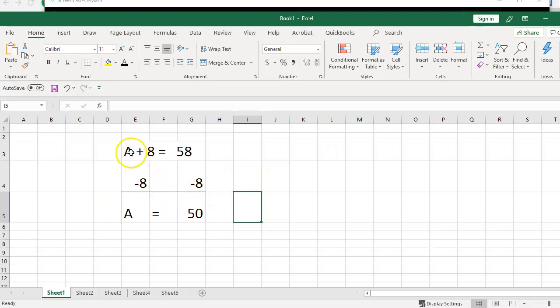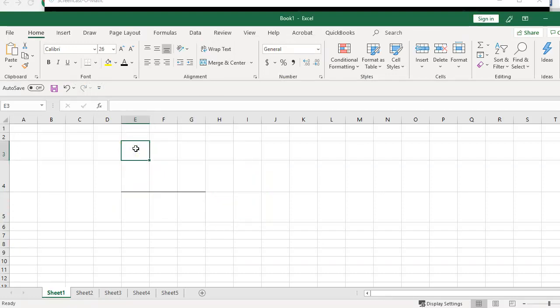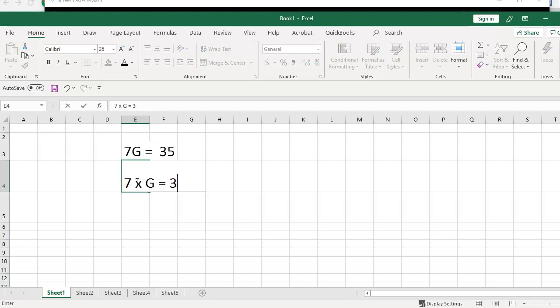So once again, I can erase this for a second, and we can put in the equation 7g equals 35. Whenever you have a number and a constant that are right next to each other, that means multiplication. You can rewrite that to say 7 times g equals 35. And now we're trying to solve for g.